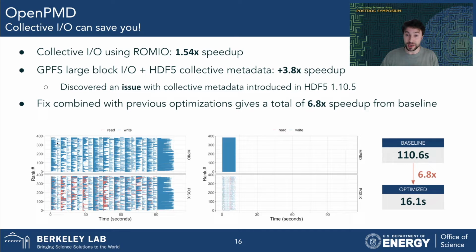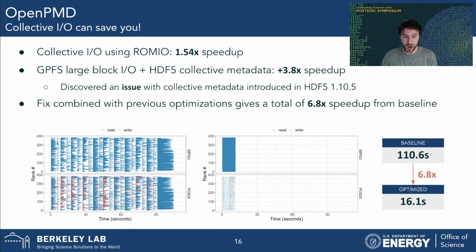And that was due to an issue introduced in HDF5 1.10.5. So that helps us fix a problem in a library that's very commonly used. And when we combine all of these optimizations, on this particular execution on Summit, we got up to 6.8 times the performance. And you can see on the right side now how the same application looks. So we still have the 10 time steps there. They are very well behaved.